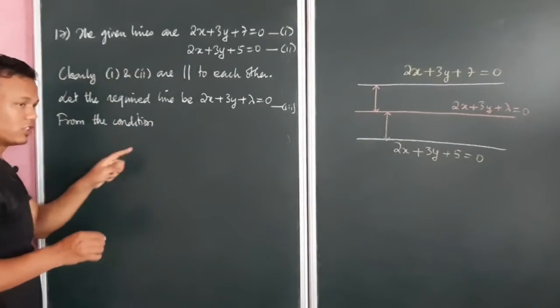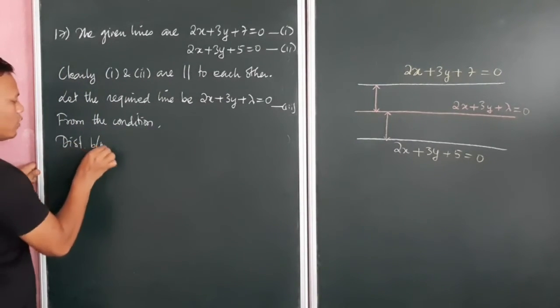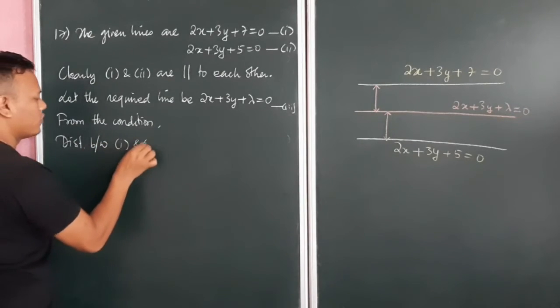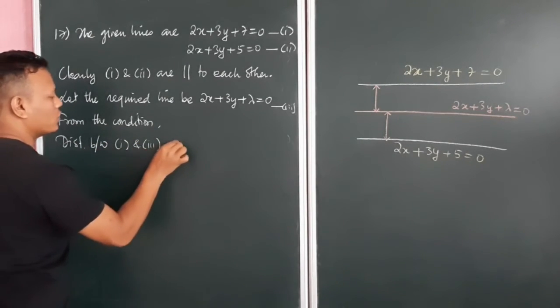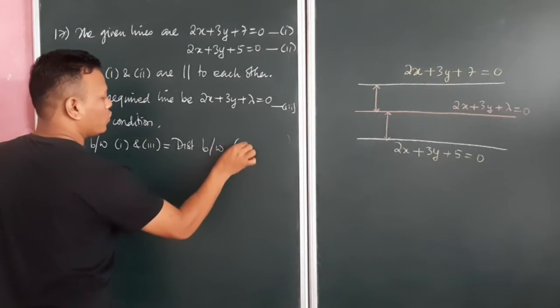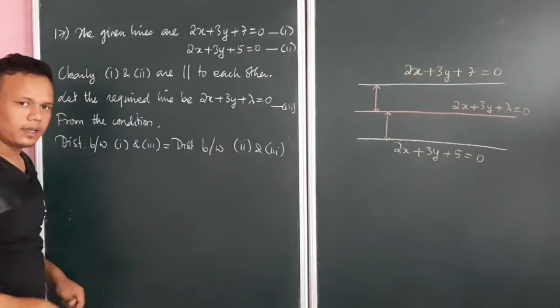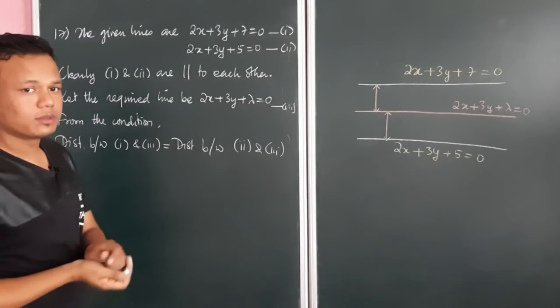So from the condition, distance between 1 and 3 will be equals to distance between 2 and 3, right?